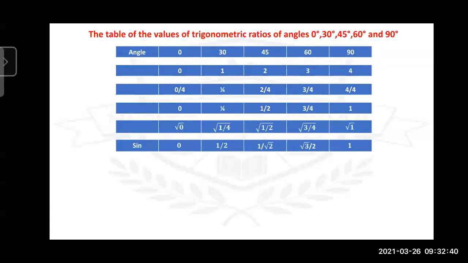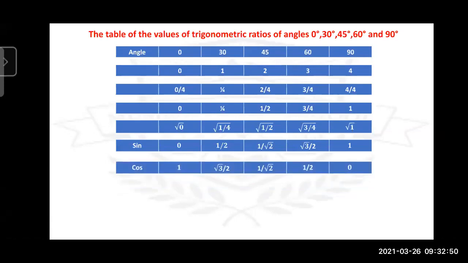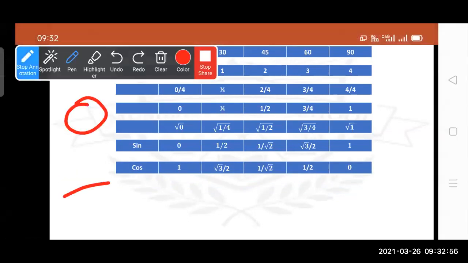Okay, trigonometric ratios of the angles. First we get sine 0 is 0, sine 30 is 1 by 2, sine 45 is 1 by root 2, sine 60 is root 3 by 2, and sine 90 is 1. Then take it in reverse order for cos: 1 here, root 3 by 2 here, 1 by root 2 as it is, 1 by 2 here, and 0 here.